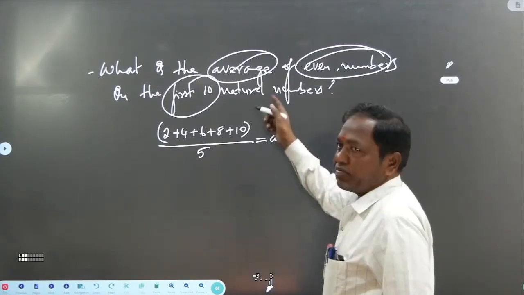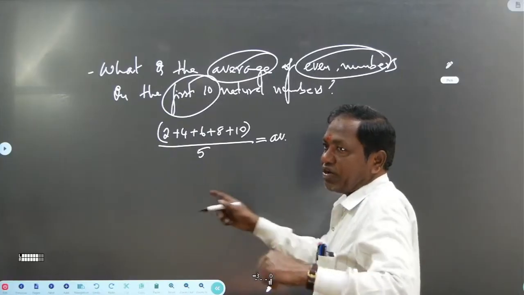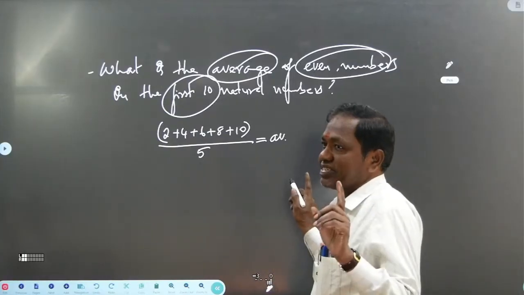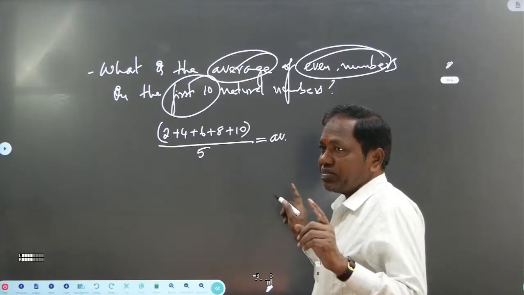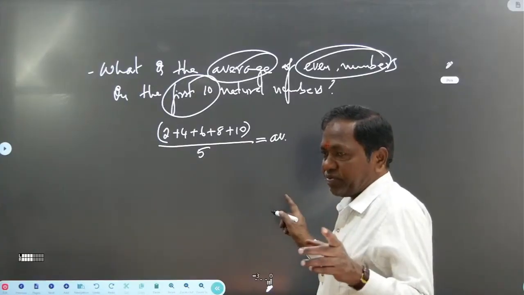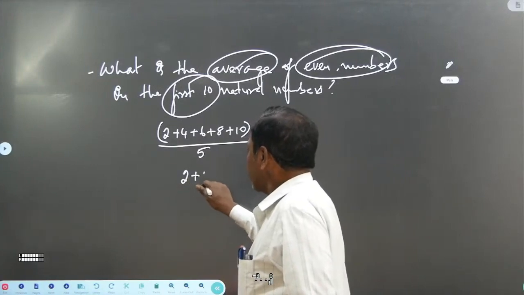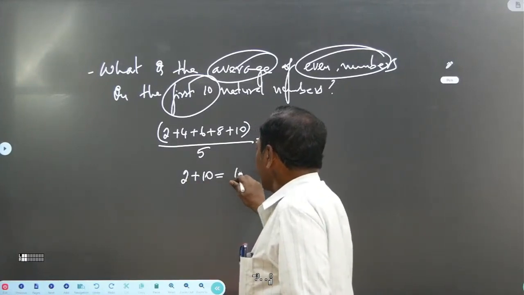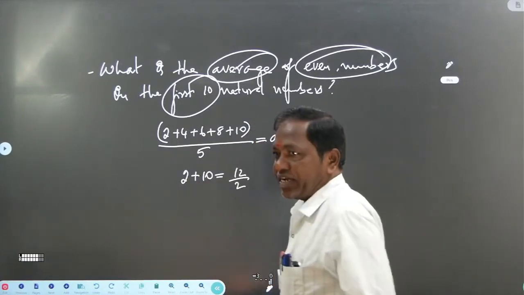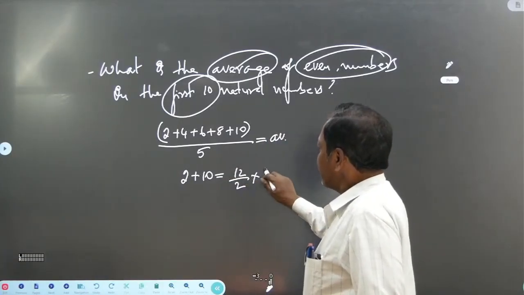Again, same concept. What we can see, first from the beginning and first from the last. These are consecutive even numbers. It is in arithmetic progression. Now you can see 2 plus 10 is 12. 12 by 2, you get the average, into the number of observations.